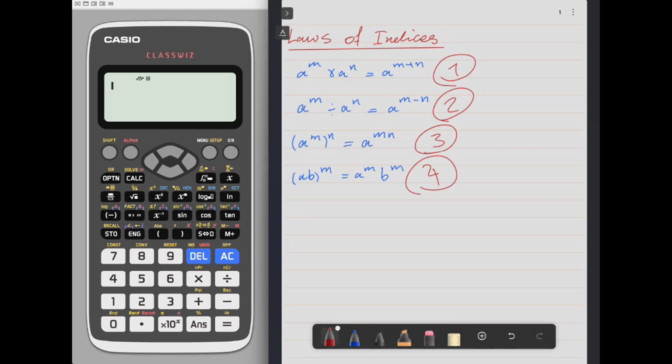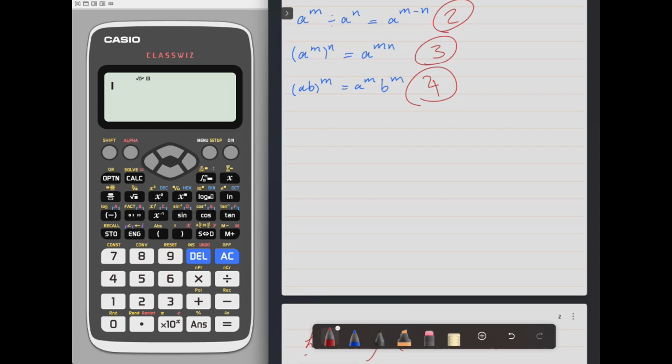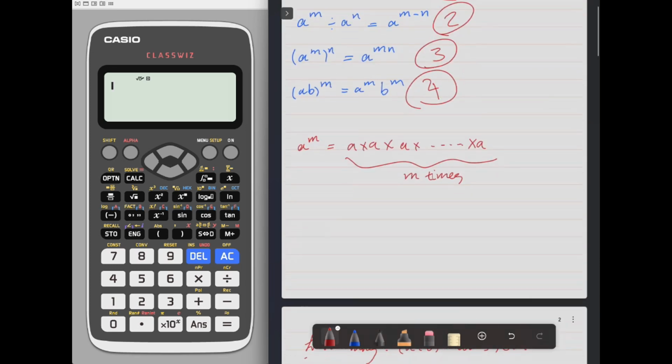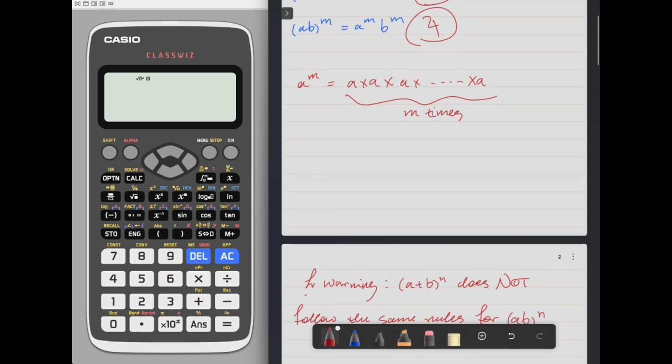This means that we simply know that a to the power of n means a times a times a times and so on, times a. How many times? n times. So, if I give you an example for the first law, let's say 2 to the power of 2 times 2 to the power of 3.